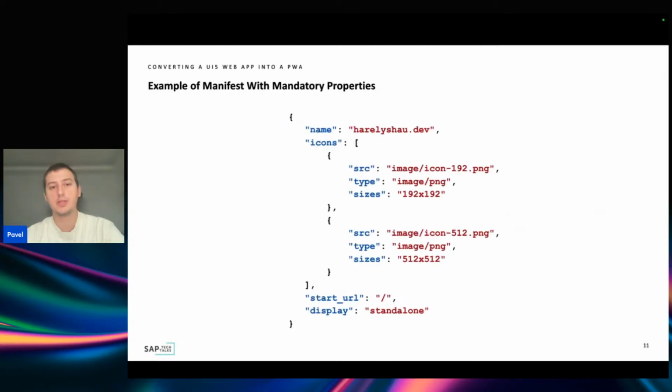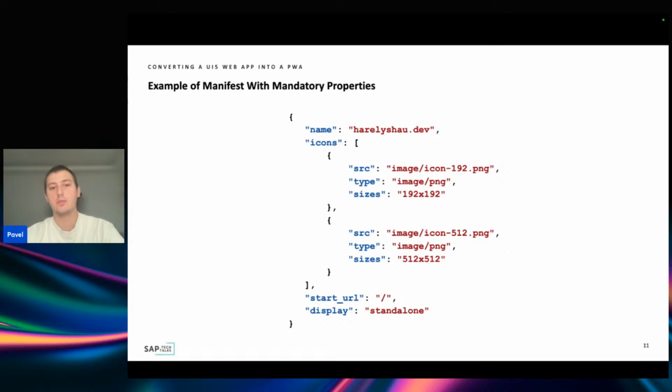Here I'm providing an example with mandatory properties of the web manifest file. By the way, it's possible to name this file manifest.webmanifest or manifest.json. But in case of UI5 applications, we already have a manifest.json file, and I just decided to name it .webmanifest to divide the logic about UI5 and progressive web applications.